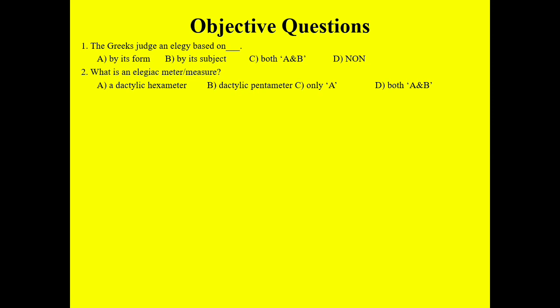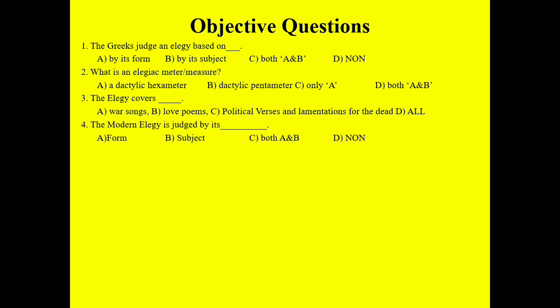Only A, both A and B, and its answer is both A and B. The elegy covers war songs, love poems, political verses, and lamentations for the dead. Option D, all, means the answer here is D.